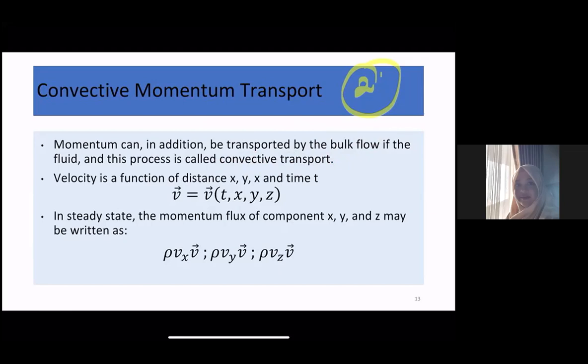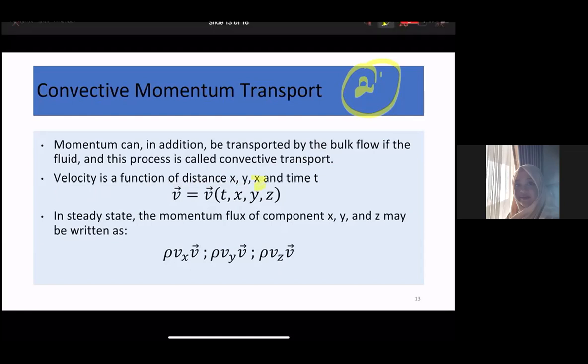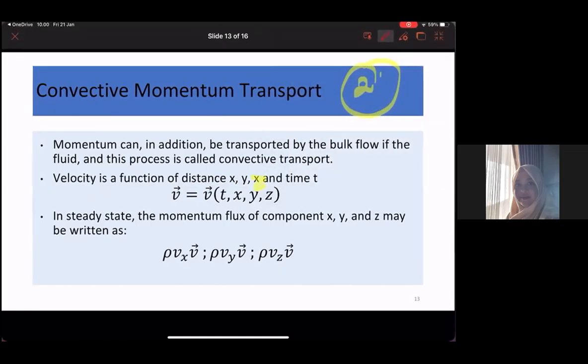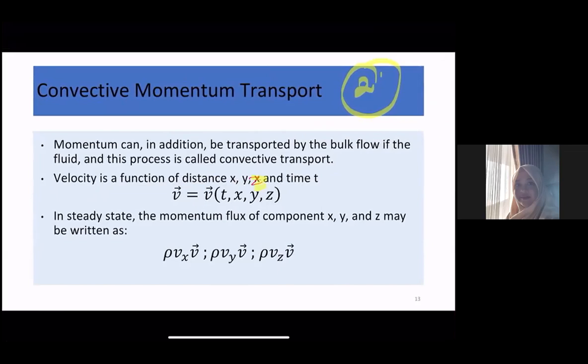Okay, and then the velocity is actually a function of distance, and for a Cartesian coordinate it would be a function of x, y, and z, and also of time.